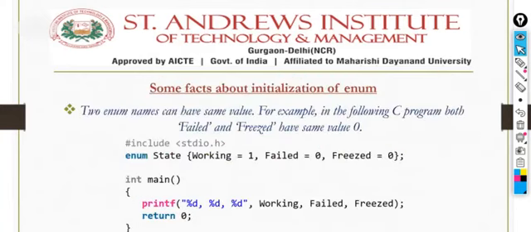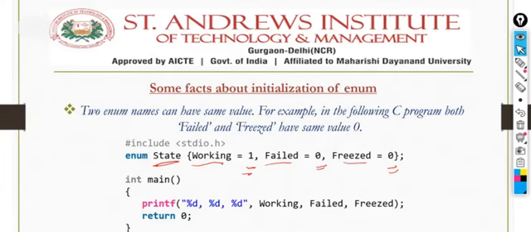Some special facts are there regarding initialization of enumerated values. First, you can initialize two enumerated names with the same value. What does it mean? Here we have declared state as an enumerated variable and taken three names, and we are initializing them at our own pace. If you are not initializing, it will take the previous one, like 0, 1, 2. If you are initializing with some value, it will take that value only.